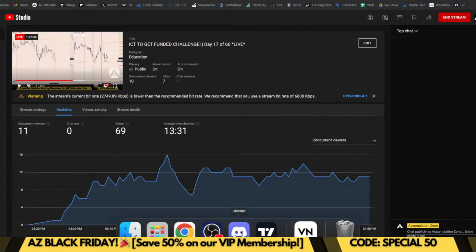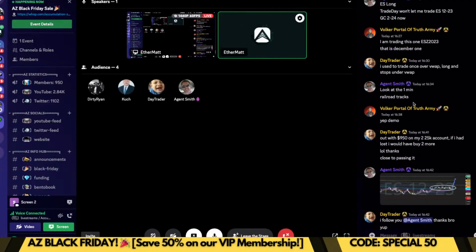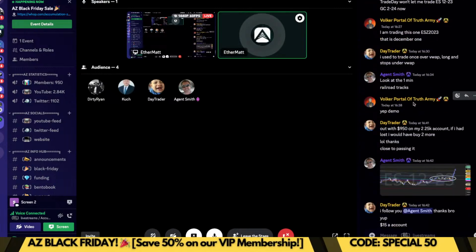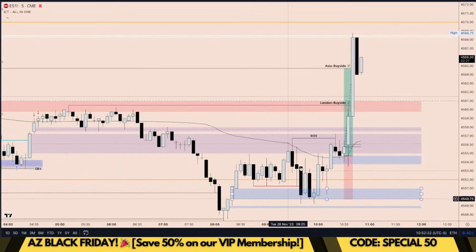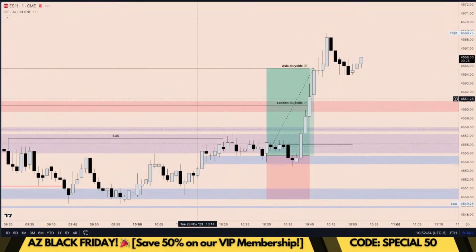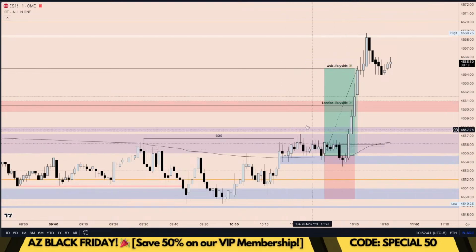Agent Smith, you got the term railroad tracks from the Market Maker video, right? If so, what's your definition of railroad tracks? Because what I understood isn't just sideways movement. Doesn't look like a railroad track to me.